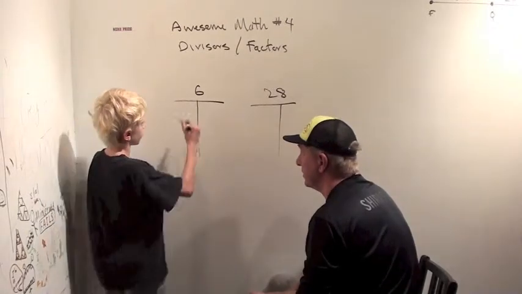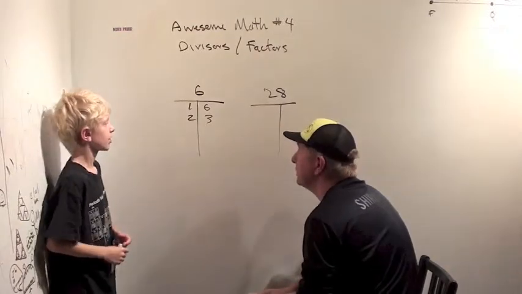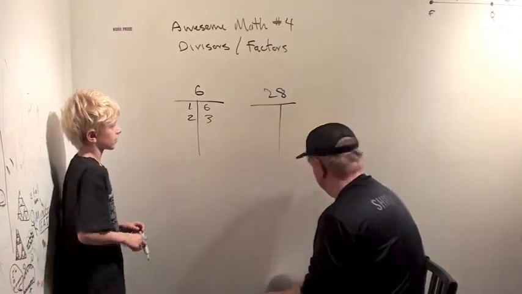Find the divisors of 6. 1, 6, 2, 3. What about 28?